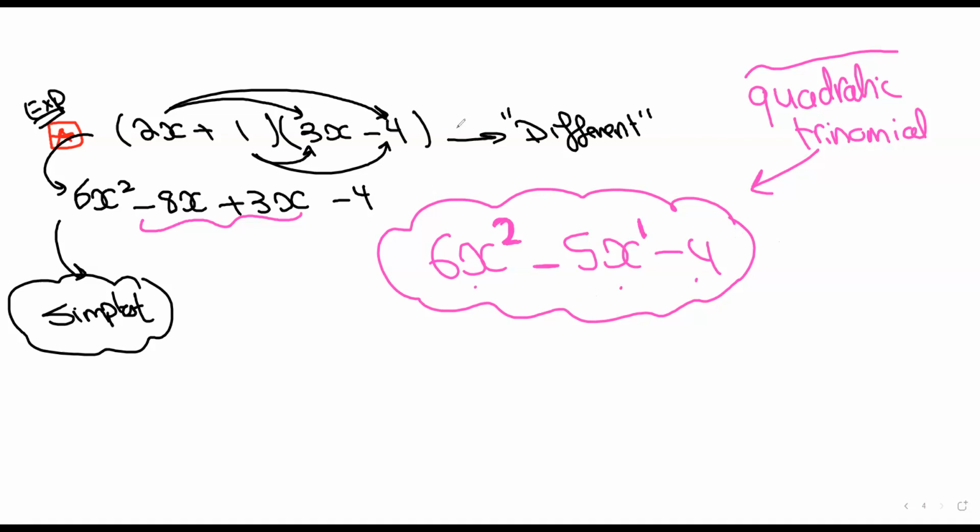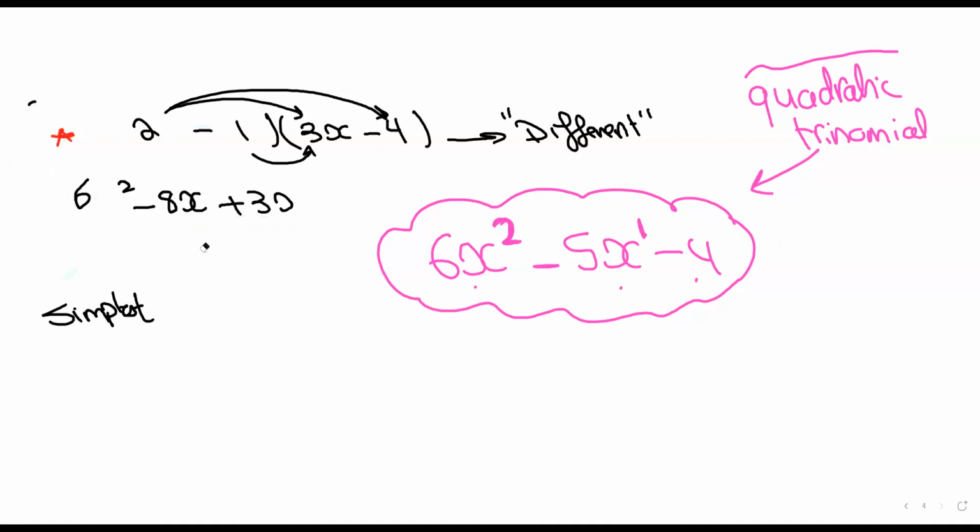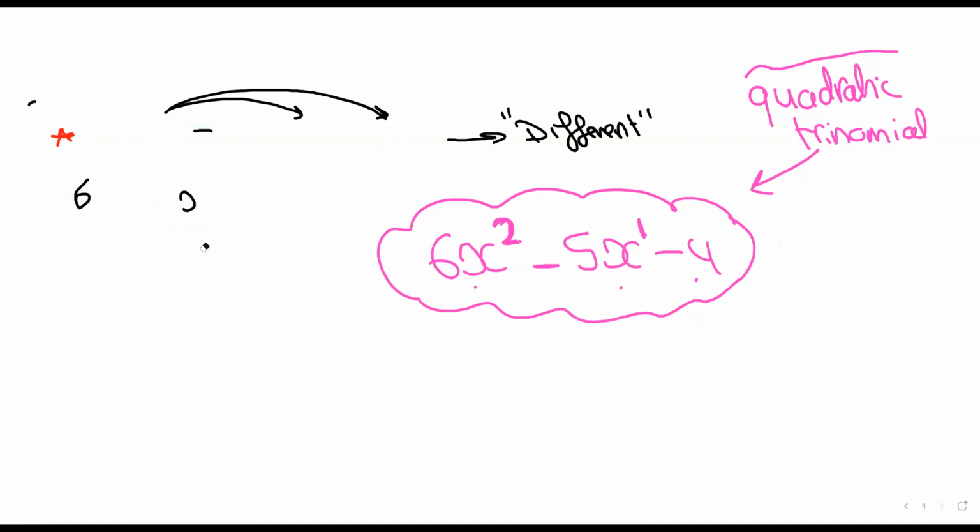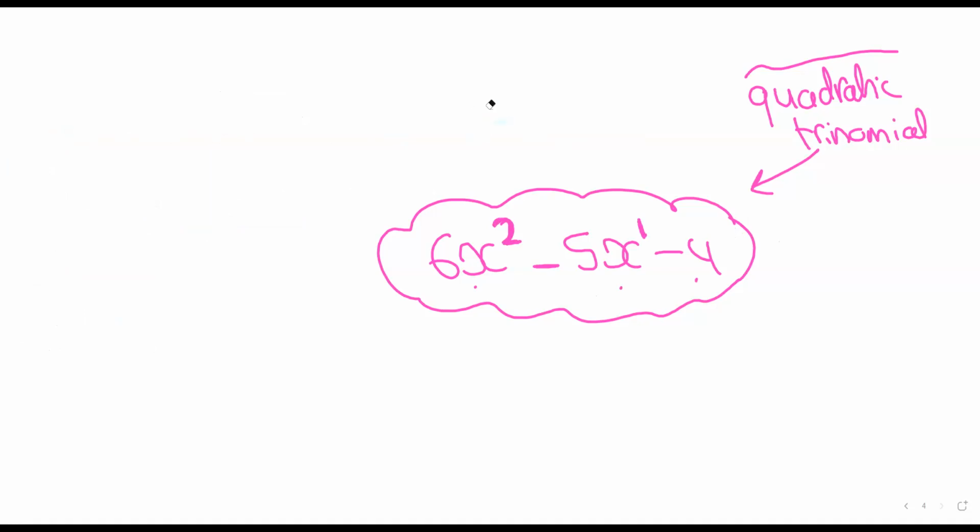Okay? The objective is to change this quadratic trinomial back into the brackets. Q means question. So what I'm going to do now is factorize 6x power 2 minus 5x minus 4.